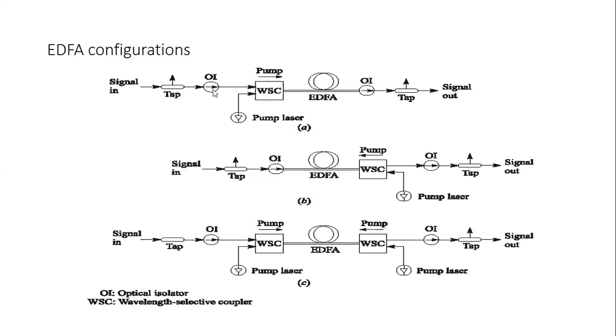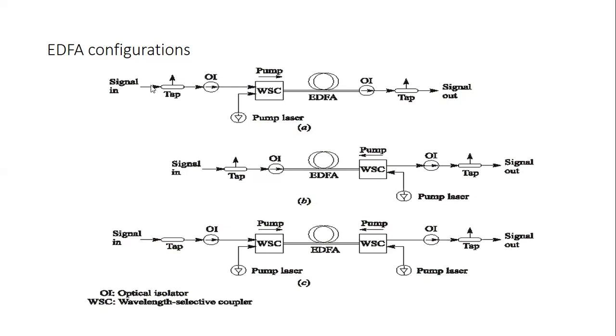And here you can see this is the optical isolator. What is the function of this optical isolator? This optical isolator prevents the amplified signal from reflecting back to the device. So this optical isolator separates this signal from this.